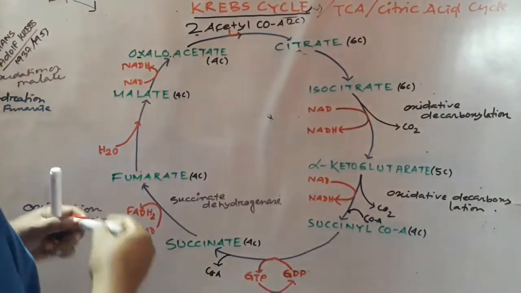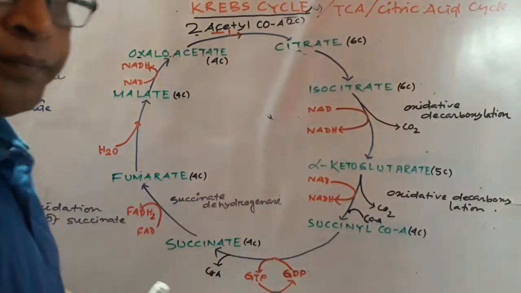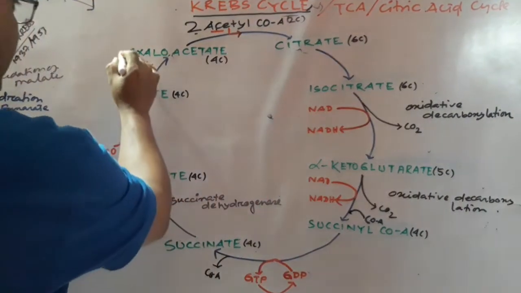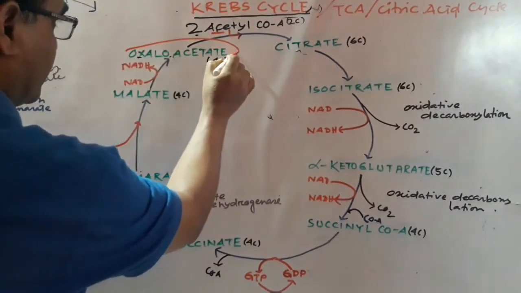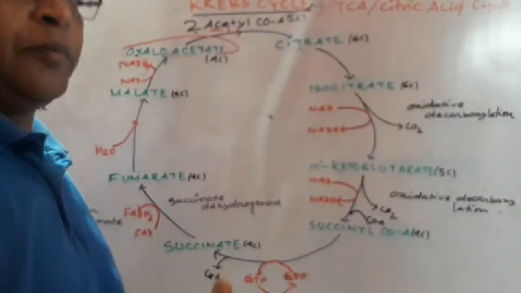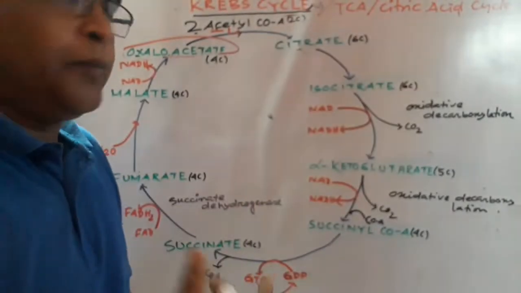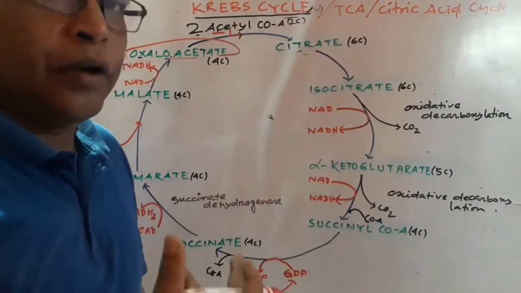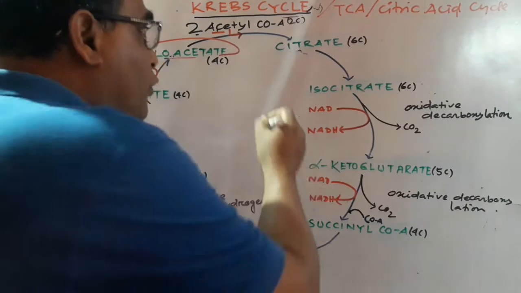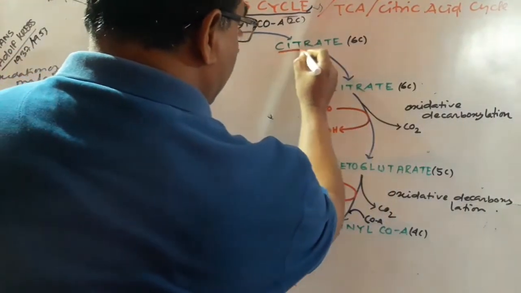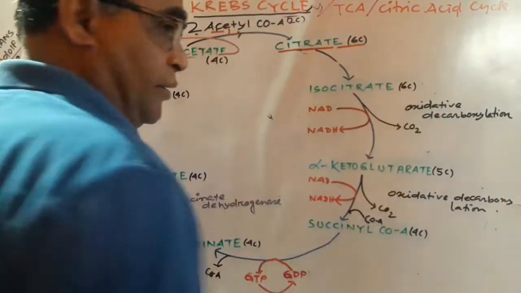Now, the acetyl group of acetyl-CoA combines with oxaloacetic acid, which is a 4-carbon compound already present in the mitochondrial matrix. The acetyl group binds with the oxaloacetic acid to form a 6-carbon compound, citric acid.